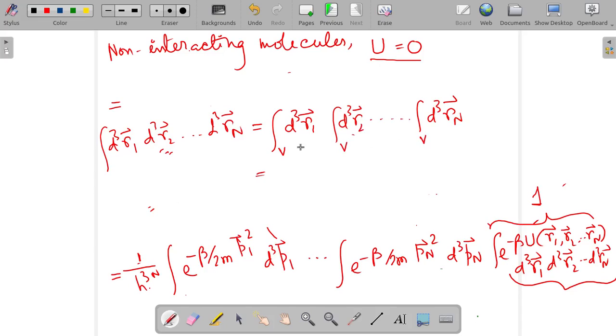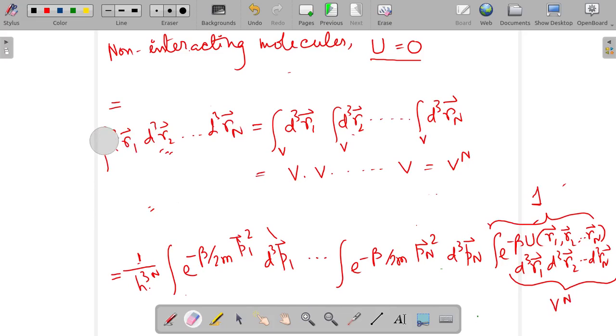So the result of the first integration is V, the second integration is V, up to the last nth integration, which is also V. So this is V to the power n. Clear?